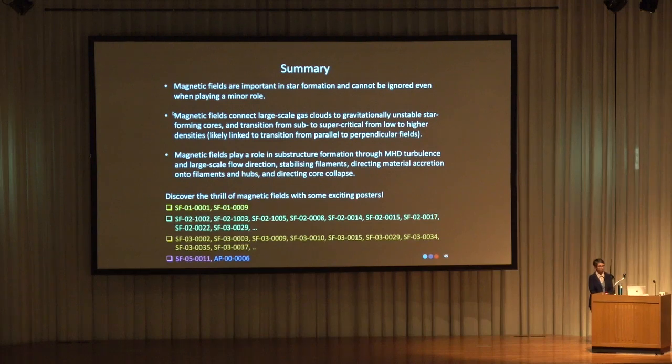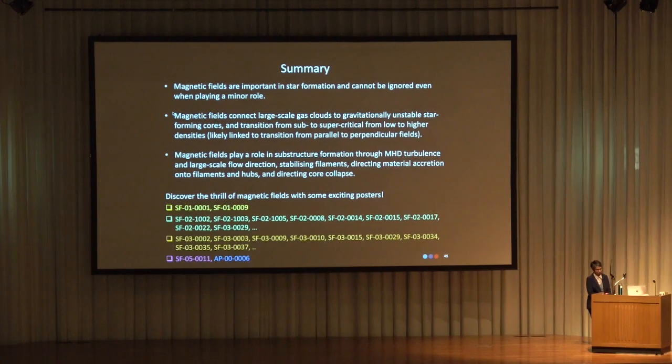So any core that we detect is already dynamically collapsing. So I think we need to be careful about how to interpret the field geometries in observed cores, because they're all collapsing already. Yes, I agree entirely.